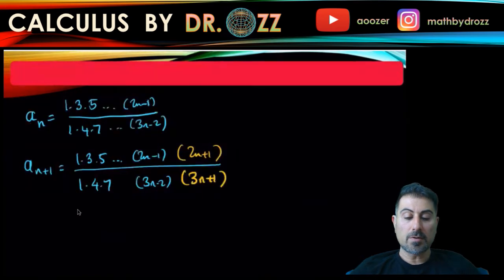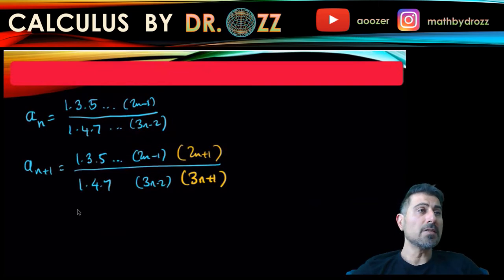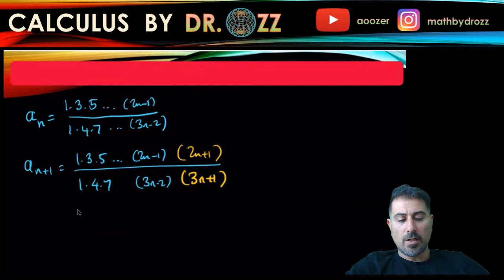How about a_n and a_(n+1)? What is the comparison between these two to prove that a_n is decreasing? So let's check that out. I write a_n and a_(n+1) explicitly for you to see.